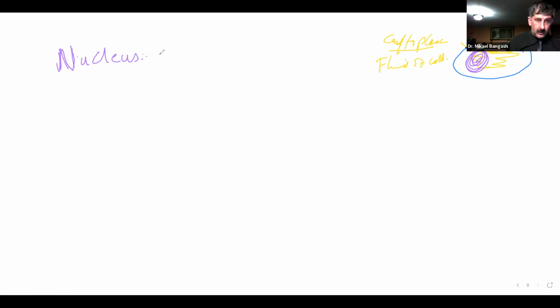Now, functionally, we say the nucleus. What is that going to be? That's the main control center of the cell's functions.